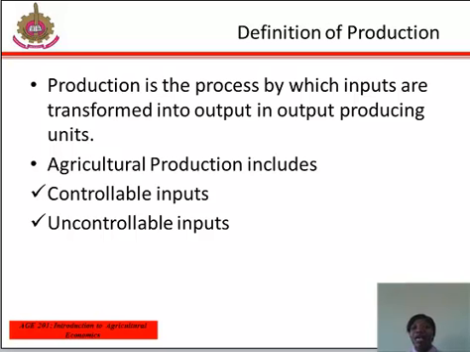Examples are heat, air, and water. Economic resources are scarce in supply and limiting in production, and they possess high economic value. This includes land, labor, capital, and management.